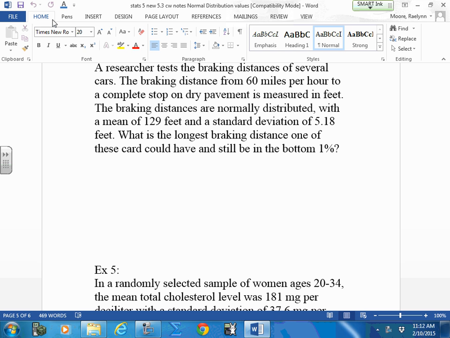That's your braking distance. Your braking distances are normally distributed with a mean of 129 feet, which is why they tell you how many lengths of cars you need between you and another car. Usually, every 10 miles per hour, you need another car length in front of you. So if it's 60 miles an hour, you're supposed to have 6 car lengths in front of you.